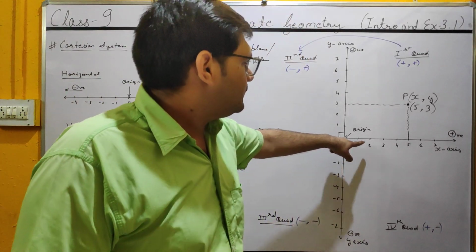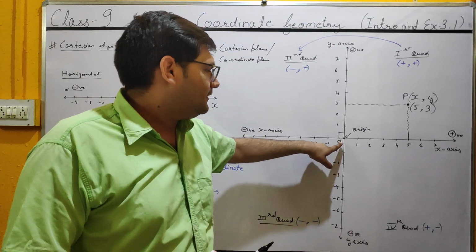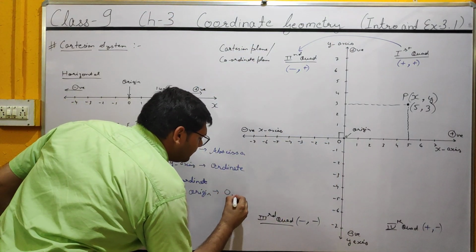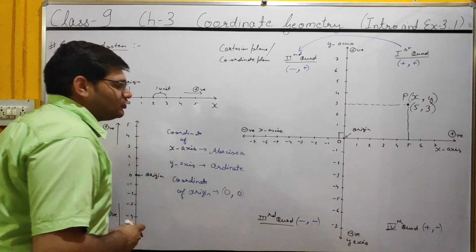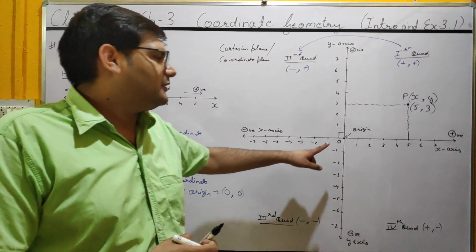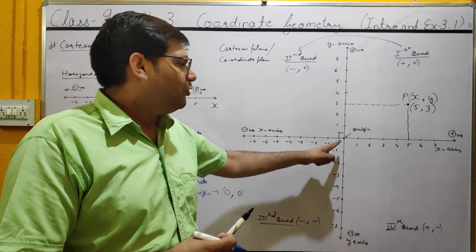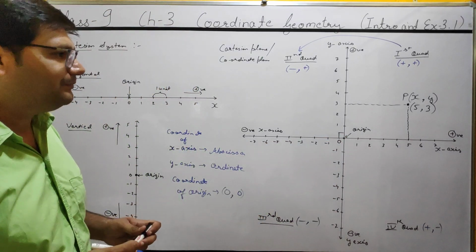Here it is for x and for y. There is only one point, that is 0, 0. So 0, 0 are the coordinates of origin. Right?